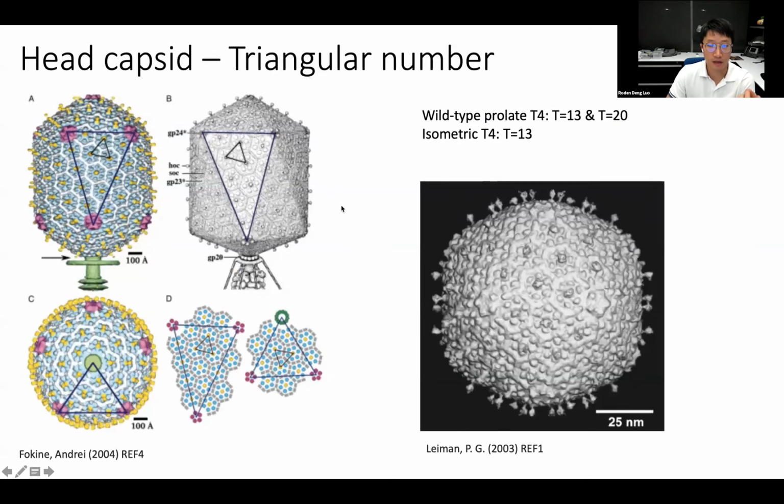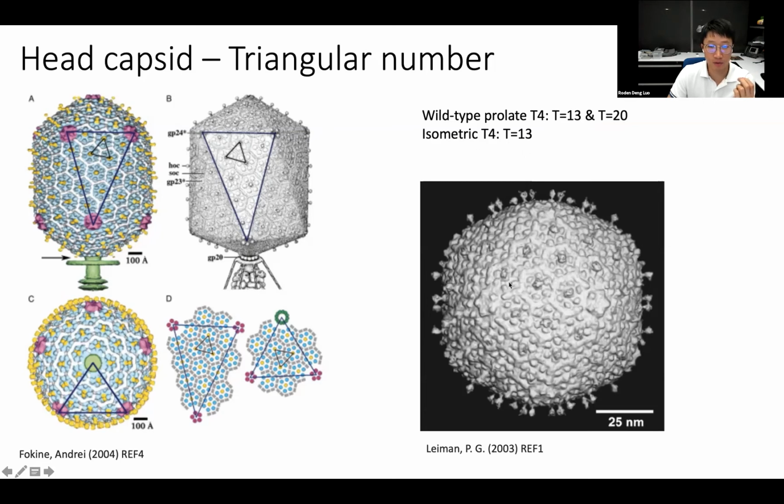And in this slide, we show the triangulation number of the head capsid. The wild type T4 has two triangulation numbers, T equals 13 and T equals 20. T equals 13 covers the top and the bottom cap, while T equals 20 is the middle section.